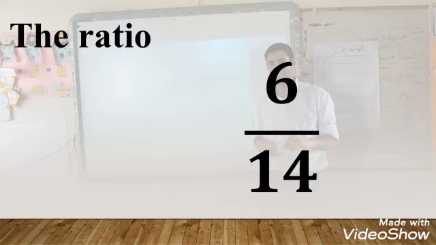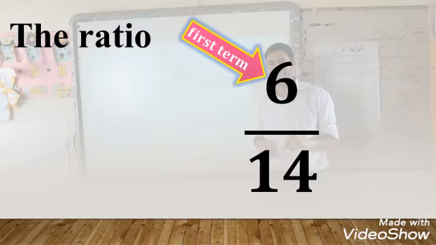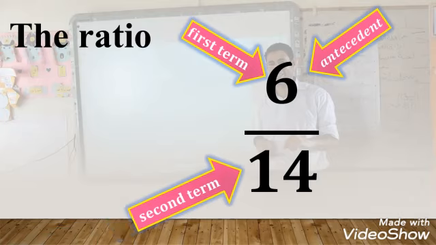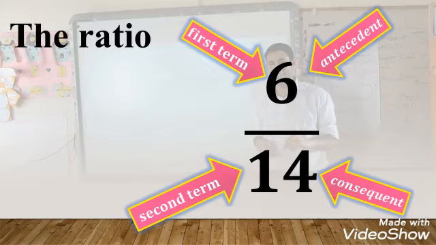Then the ratio is a fraction like this, 6/14. 6 is the first term, or we can call it antecedent. 14 is the second term, or consequent.